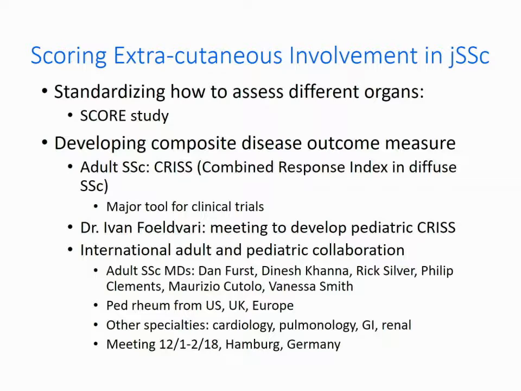We have pediatric rheumatologists from the US, UK, and Europe, as well as other specialties like cardiology, pulmonology, and GI participating, so we hope that this will be a very accurate as well as sensitive measure. And we are all leaving for a meeting in Germany in another month.